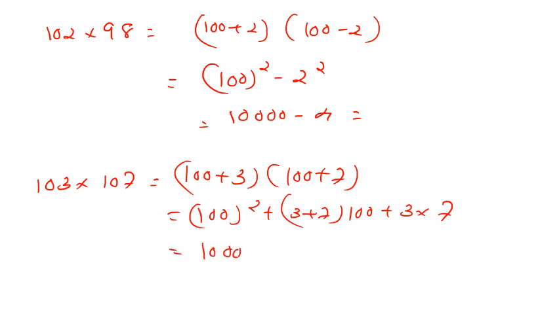So 10,000 plus 3 plus 7, 10, so 1000 plus 21. Then find out the answer. So this is the way we have to factorize or find the product using identity.